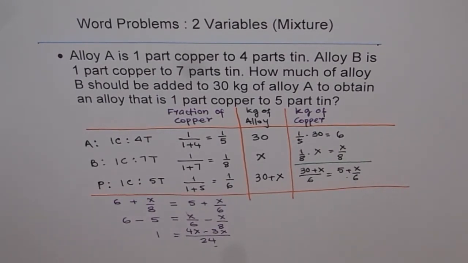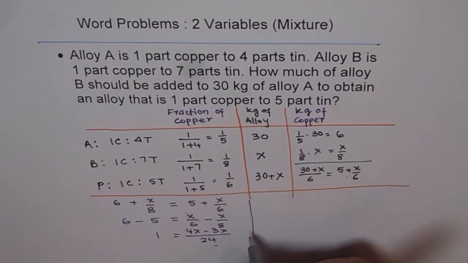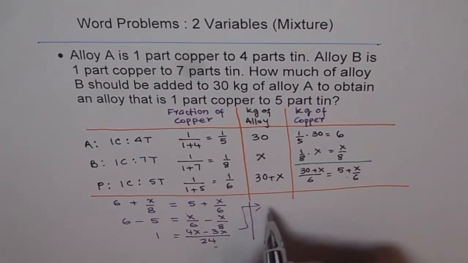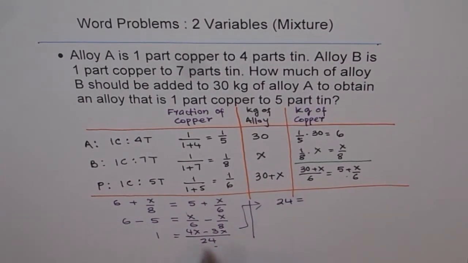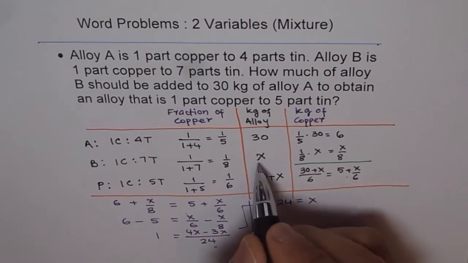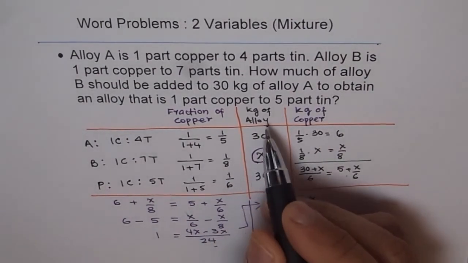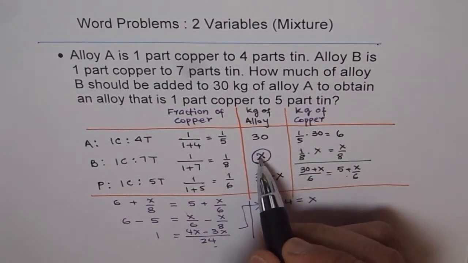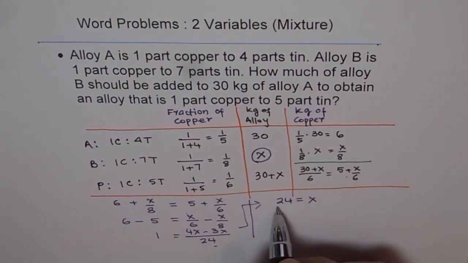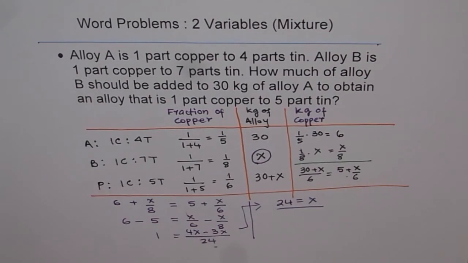And then we can simplify it by cross multiplying, right? So from here we get 24 equals 4x minus 3x, that is x. So x, which is the kilograms of alloy B, do you see that? It should be 24 kg. That's what we get. You get it?